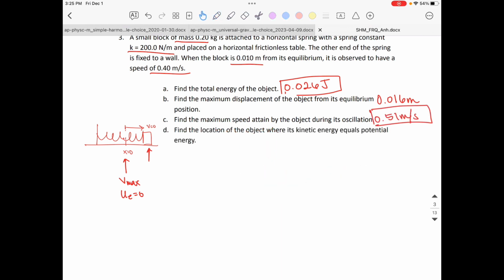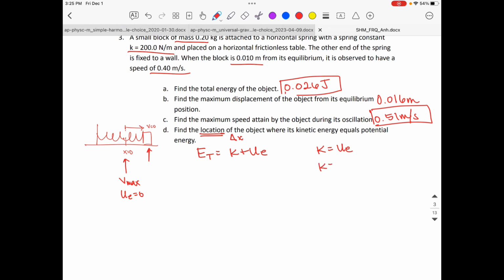So for part D, it says find the location of the object where its kinetic energy equals potential energy. So there's two equations that go into this. First, the total energy is kinetic plus elastic. The second is that kinetic is equal to elastic. Since we're trying to find the location, which is delta x, we want to avoid using kinetic energy.